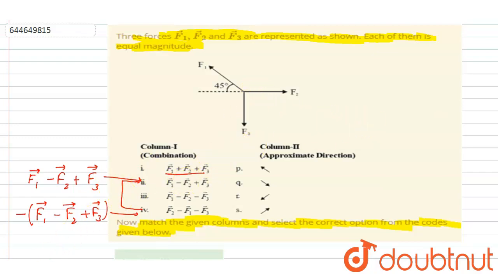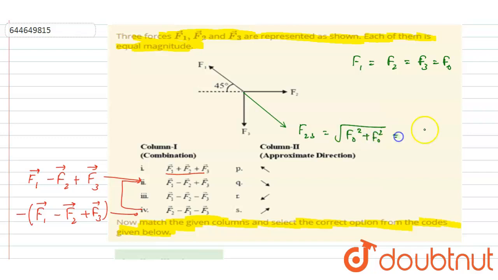So if you see, it is already given they have equal magnitude. And let's say the magnitude of them is F0. F3 is equal to F0. So if you see here, the vector will be like this, and if you calculate the magnitude of this, 1, 2, 2, 3, it will be under root. You can calculate by use of Pythagoras.